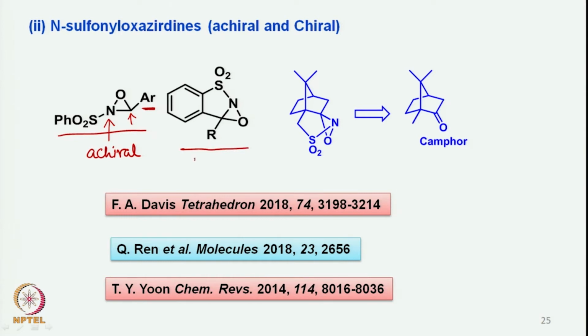Now these are both achiral molecules, whereas one of the most highly cited and used substrates, which is from camphor, is this particular oxaziridine, which is very useful and leads to very high optical induction or asymmetric induction, and it has been popularized by Franklin Davis, as I mentioned earlier.